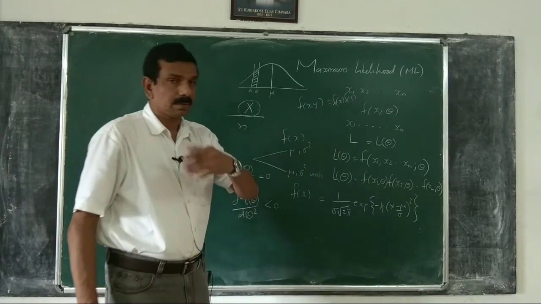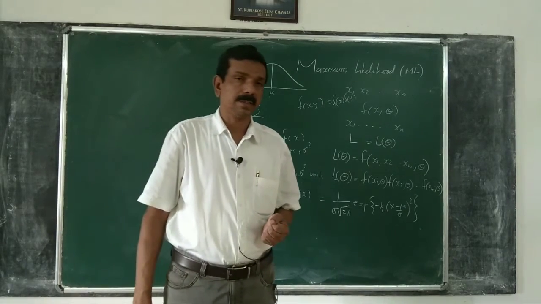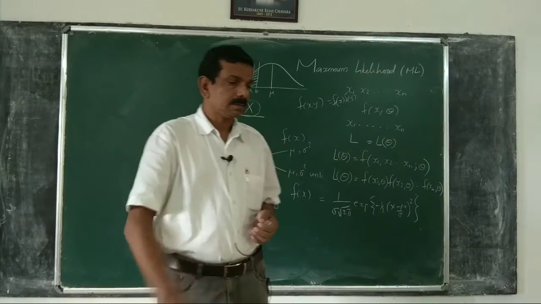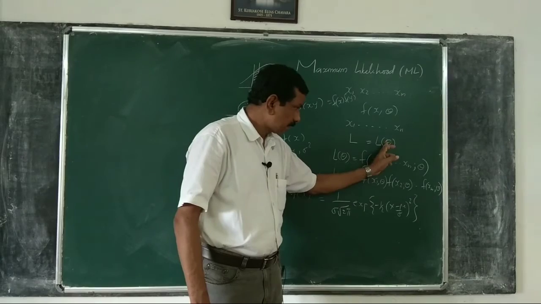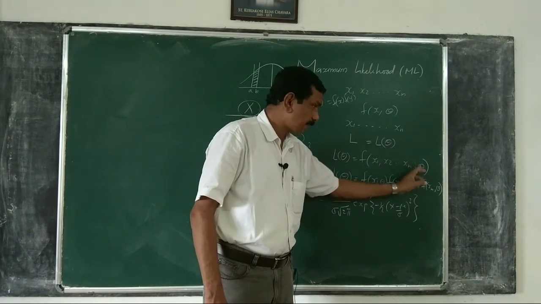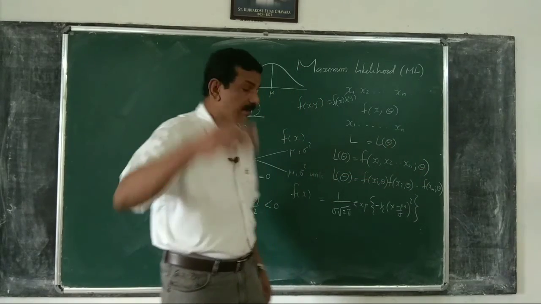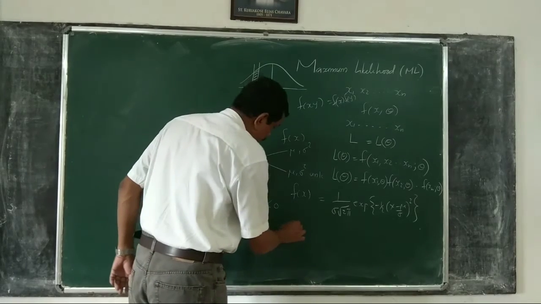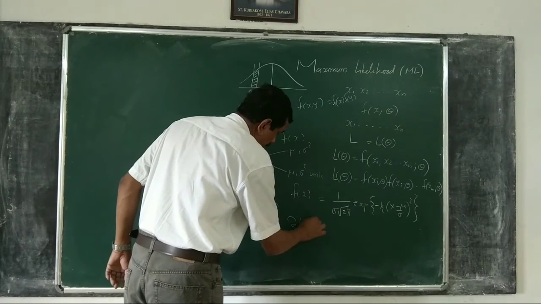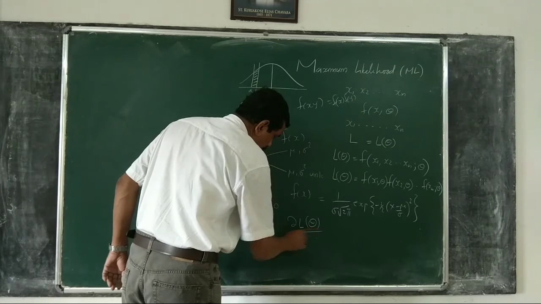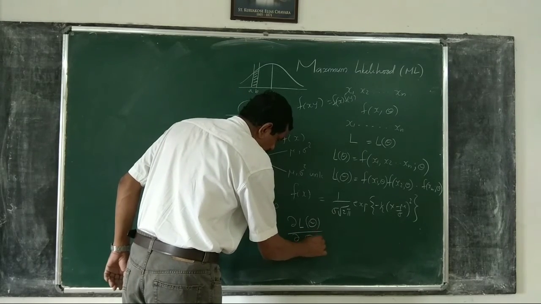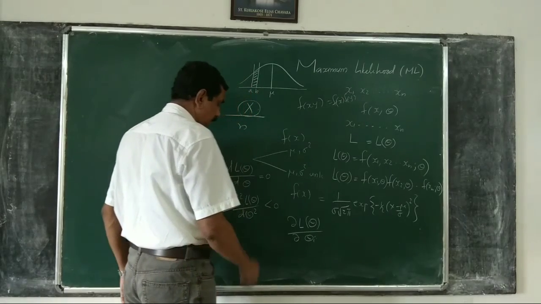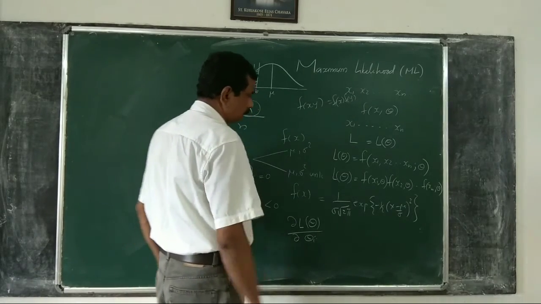That will give you the maximum likelihood estimator. But remember this, in most cases this is a function of a single parameter. If it is a function of many parameters, then dou L theta by dou theta i is the first order condition, and the second order condition is similar.